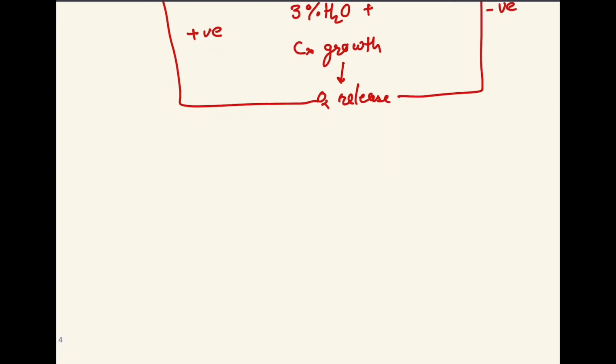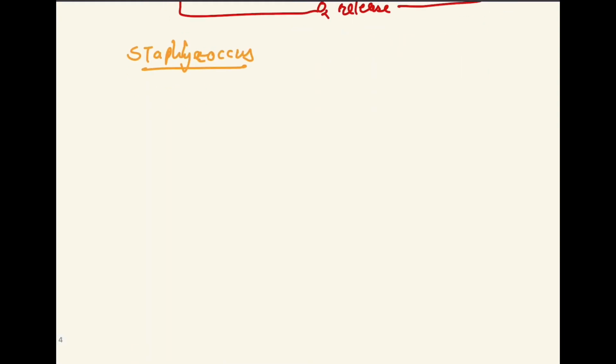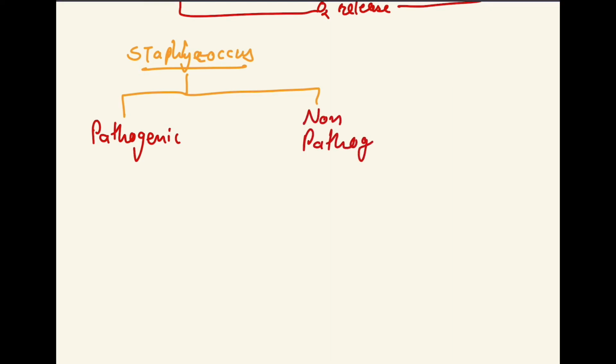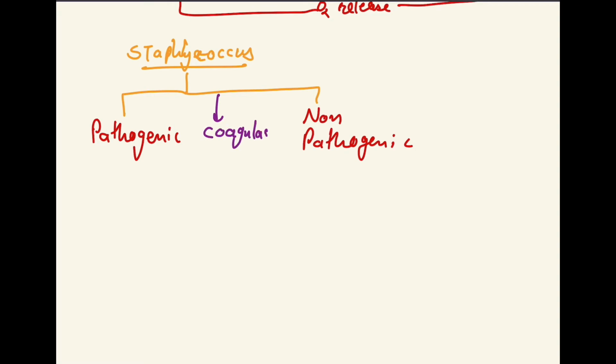Alright, so now we will talk about Staphylococcus. There are two types of Staphylococcus. The first one is pathogenic and the other one is non-pathogenic. So how can we differentiate between these two? For that we need to do the coagulase test.